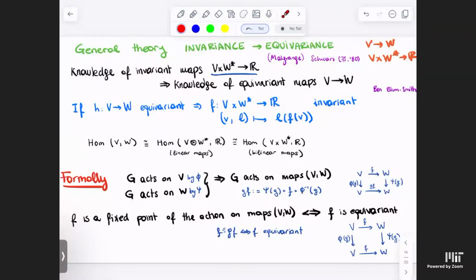This approach, by the way, of having the invariants, you can do it in some cases where you know what the invariants look like.